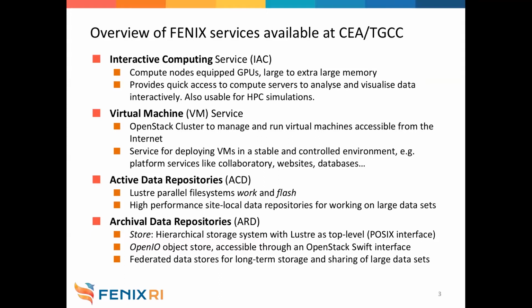And the other one is an object store based on the OpenIO software that is accessible through a Swift interface. The purpose of those systems is to store data for the long term and possibly share this data outside the compute center, to other sites, or to access them from other places.